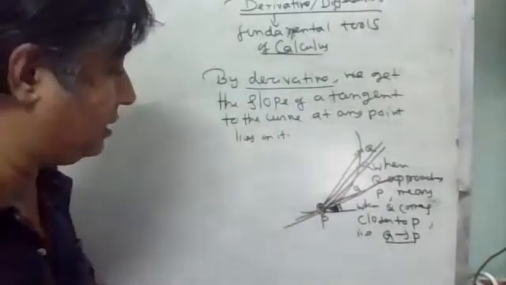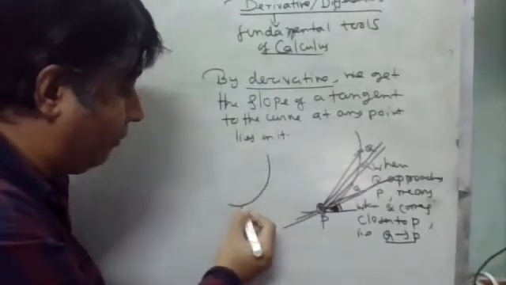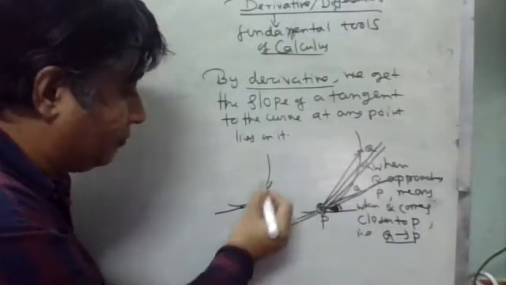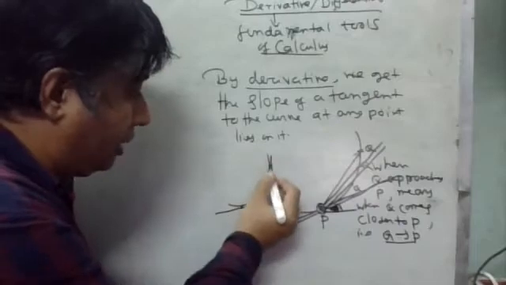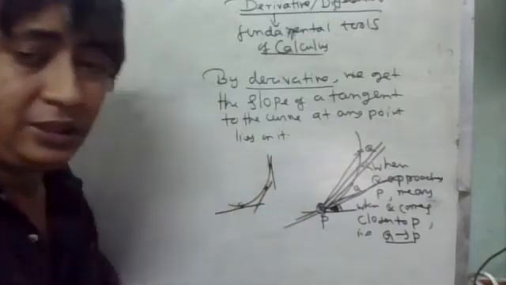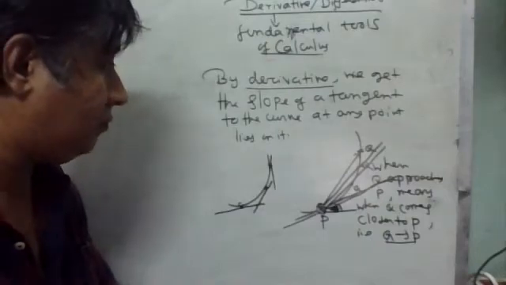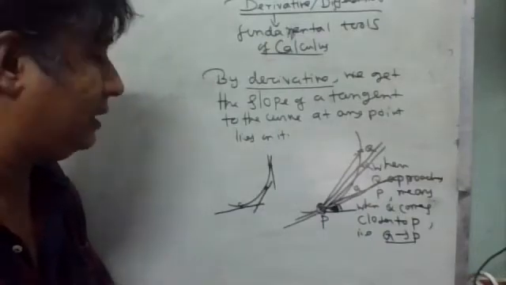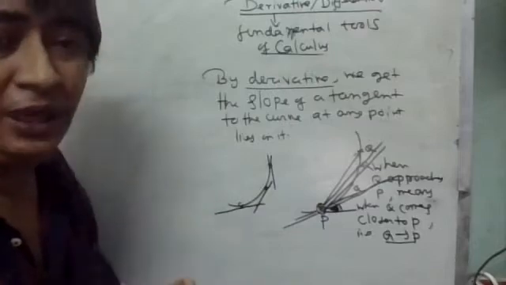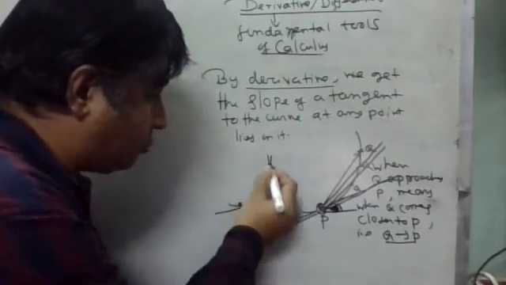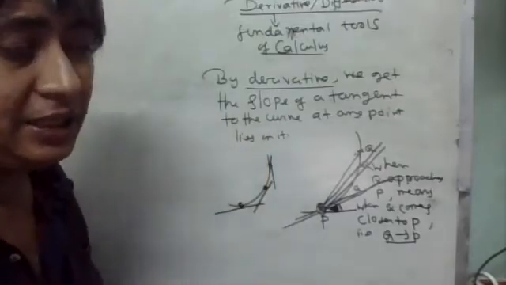In this way, on a smooth curve, if you can draw different tangents, that means on all those points you are getting the slope of the tangents. That means at all those points differentiation is done.